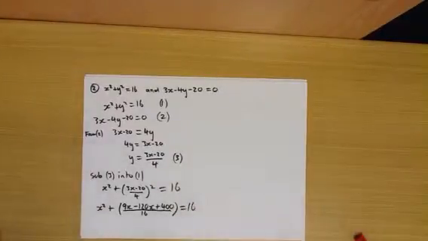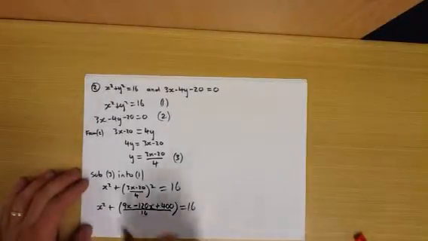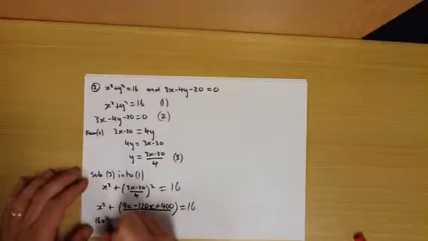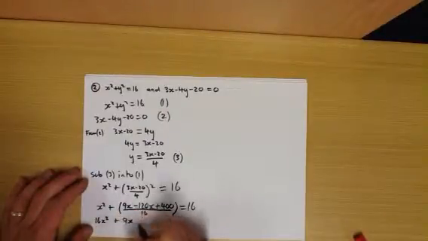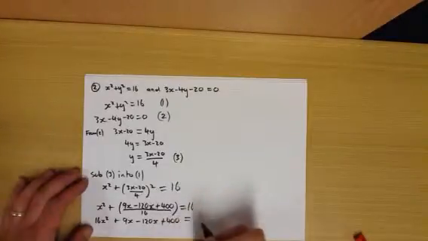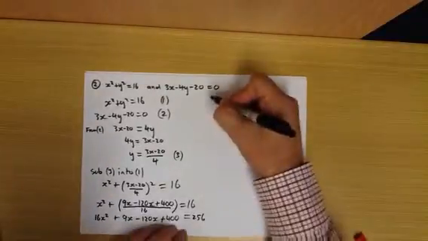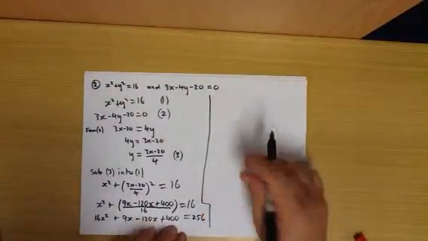What I'm going to do now is multiply everything by 16, and that'll eliminate the denominator. So we get 16x squared plus 9x squared minus 120x plus 400 equals 16 times 16, so 256. Just keep going down the side here, it's pretty long.